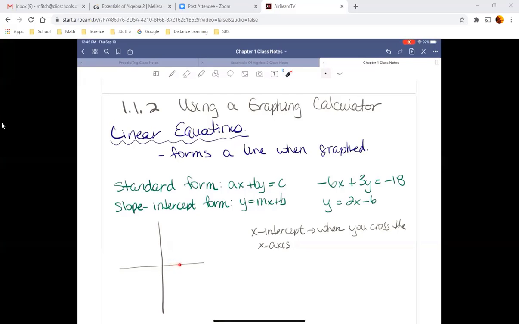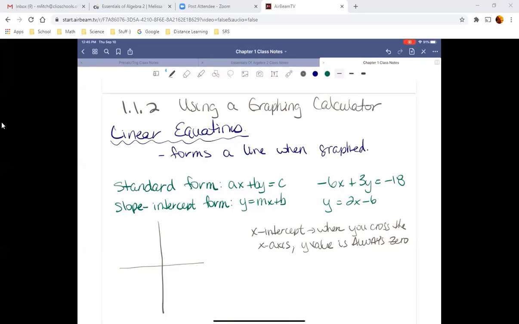If I moved over 5 places, it's still going to be 0. So no matter where I cross over the x-axis, my y value is always 0, right? So when we're looking for that x-intercept, the y value is always 0. Right?